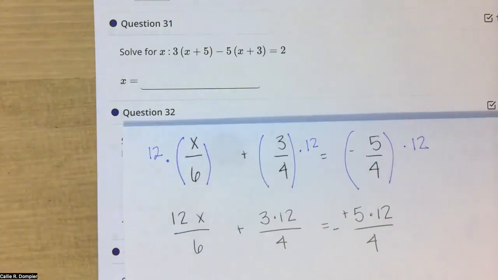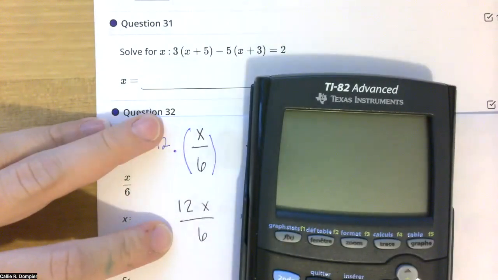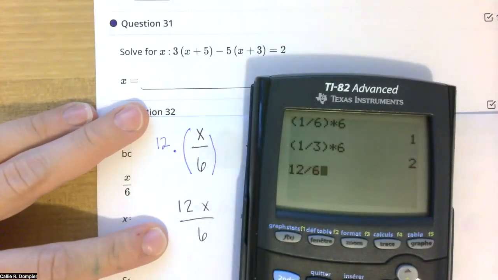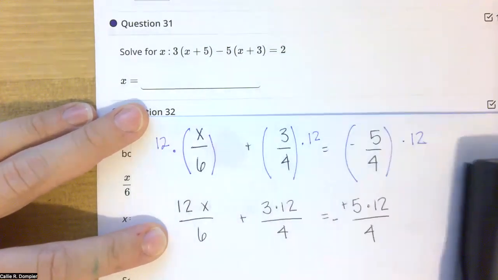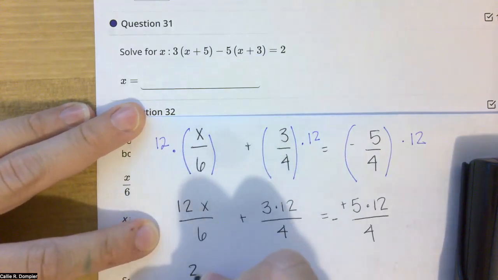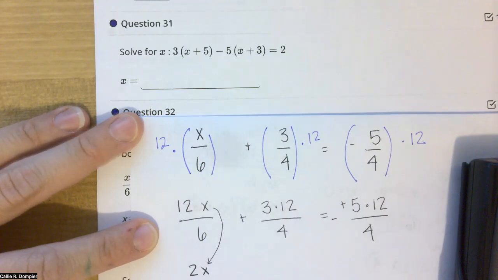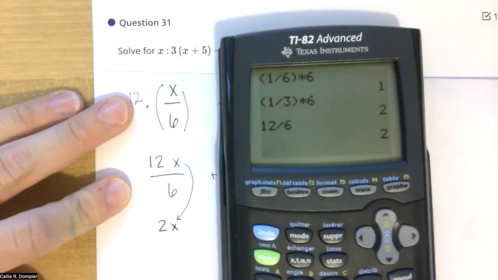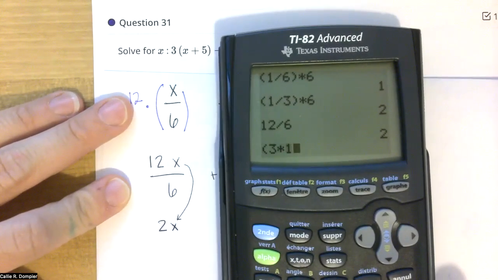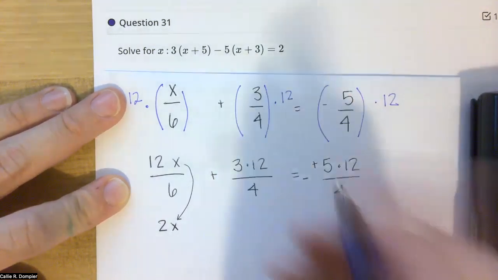Good? All right. Now you can just simply, what is 12 divided by 6? It's 2. We still have that x, so make sure you bring down the x. 3 times 12 divided by 4. That's 9.